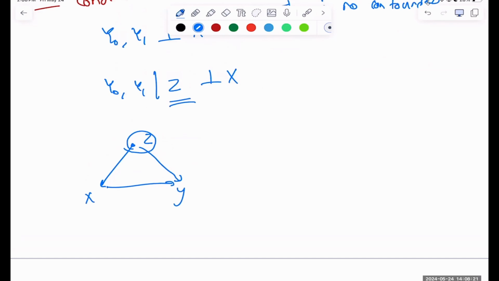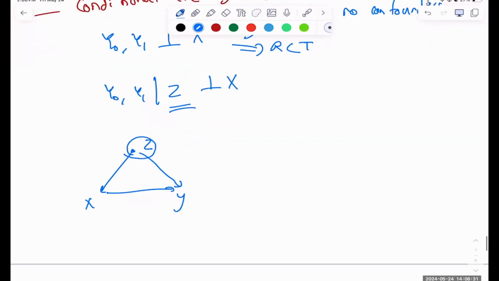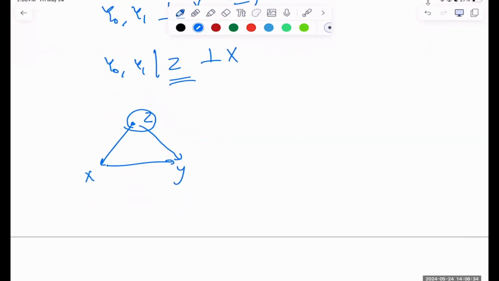Because in an RCT, a randomized controlled trial or A/B testing, there is no confounder, and that's why we have exchangeability. But here there is a confounder. So this set of Z, or set of variables, closes all the non-causal backdoor paths.